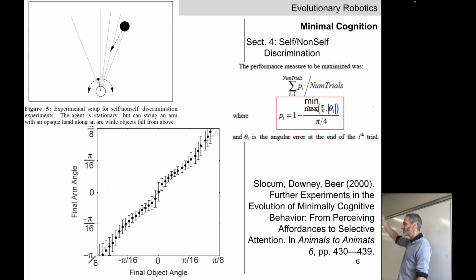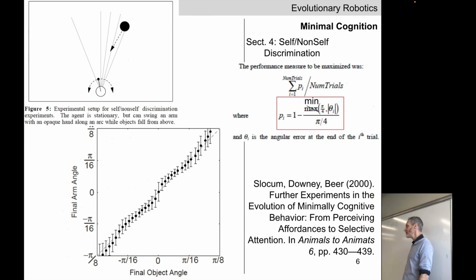This object might fall straight down, it might fall at a diagonal, it might fall slower, it might fall faster. However this object is going to fall, it is going to land near the robot. Somewhere the object is going to pass or break this semicircular dash line somewhere. The robot has to move its arm such that it catches the object at that point.